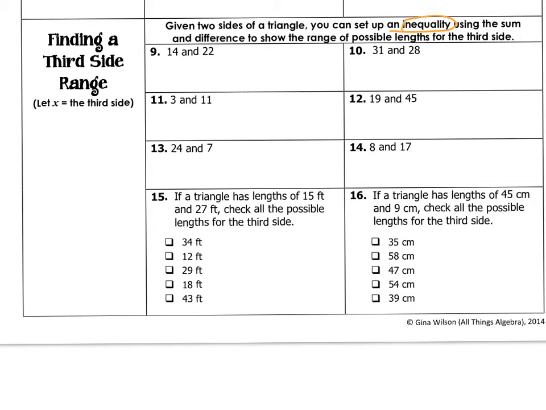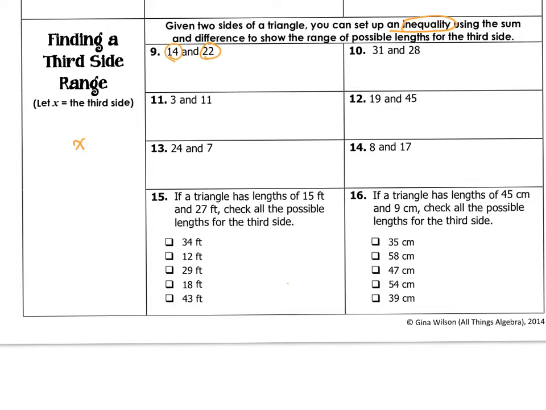So for example, in 9, I'm given 2 sides, 14 and 22, but I don't know if 22 is the largest side or 14 is the smallest side. So we can go into the proofs of this. However, for now, the easiest thing for you to do is to remember this.